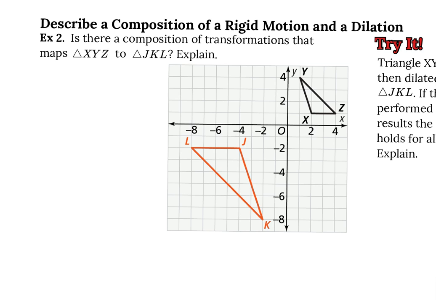If I rotate about my origin, so if my origin is right here and I rotate about that, I would need to rotate 180 degrees to have my images in line. So if I rotate this 180 degrees, I'm going to end up with those points.